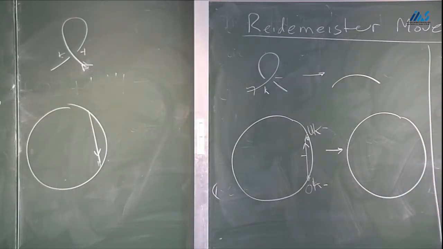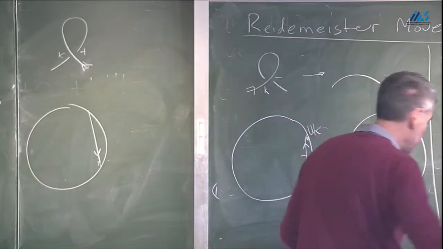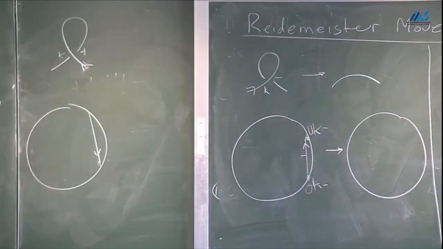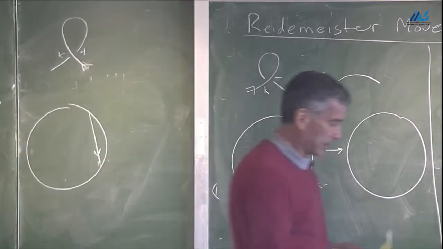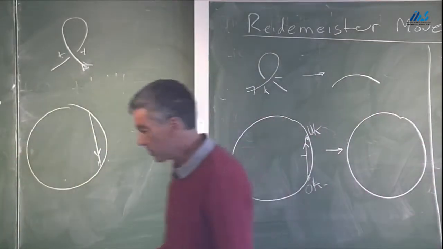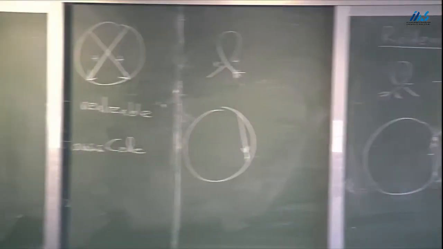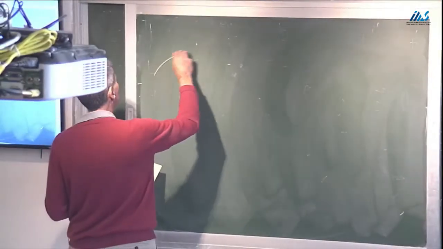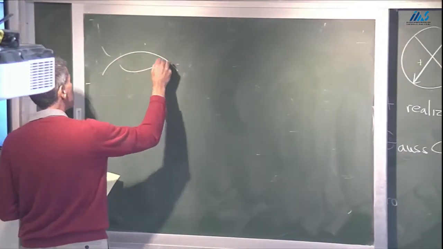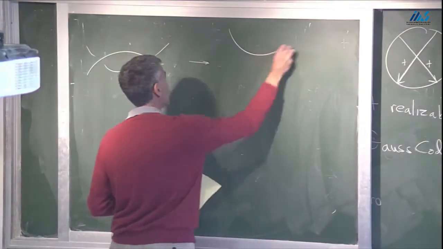For the type 2 Reidemeister moves, there's another kind of move on the Gauss diagrams. So let's see if we can think what that is. This is the move that, say, takes this to this.